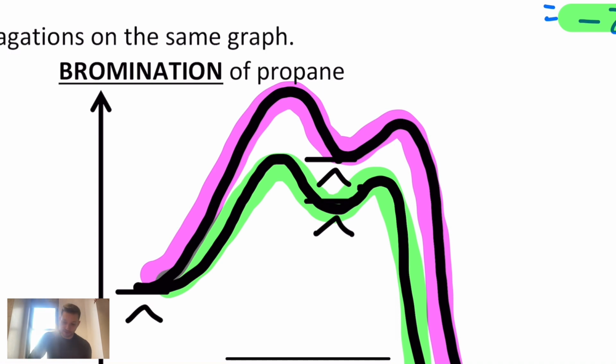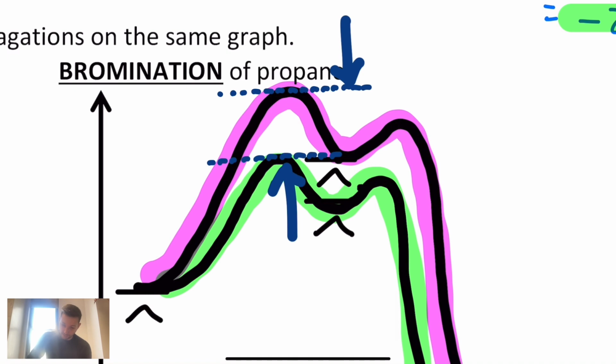In other words, this gap, which discriminates between the two pathways, one of them leading to your primary product, one of them leading to your secondary product. And I'll show that on your notes. Here's a dotted line benchmarking the crest to get to the primary product, and here's a dotted line showing the crest to get to the secondary product. And it's that gap that I'm talking about.